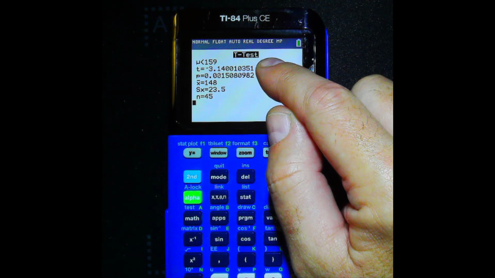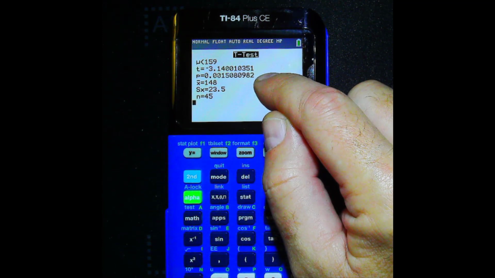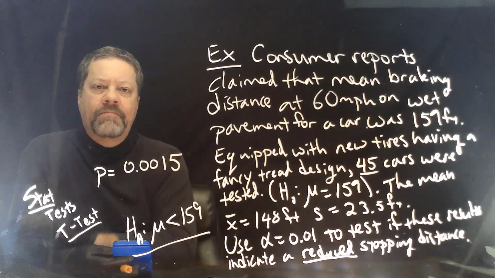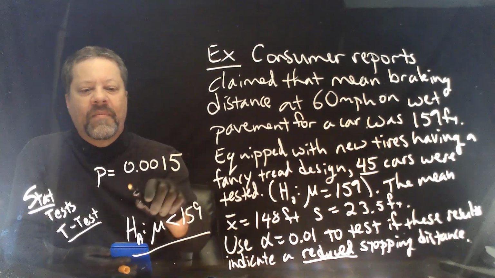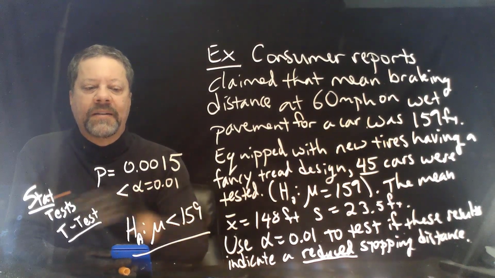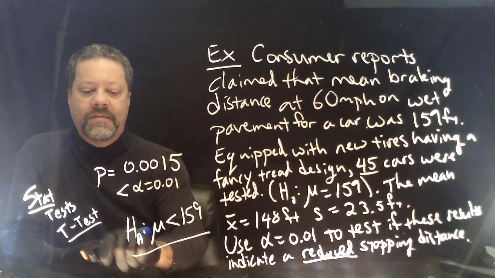That means this is a rare event, and we can see how rare. About 0.15% chance of that happening. So this is a case where we reject the null hypothesis. This p-value tells me everything I need to know. This is less than alpha, which is 0.01. Therefore, we reject the null hypothesis.